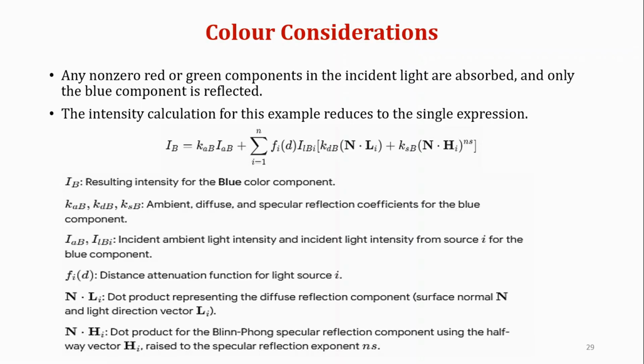For example, IB is the blue color intensity, so with this equation we can calculate the intensity of the blue color component. Based on that, the color effect can be given. These are the various parameters and their meanings given over here. Just go through.